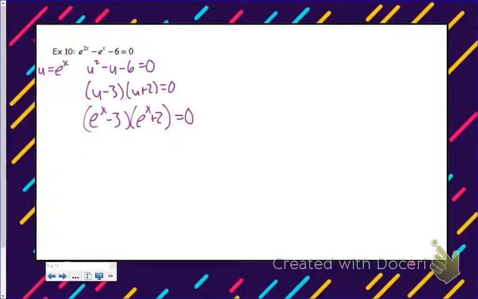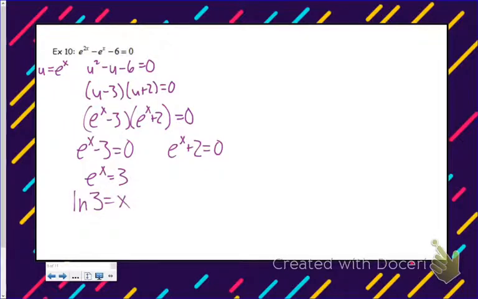Now, since we have a factor equal to 0, all I would do is set each factor equal to 0 and solve. So I would get that e to the x is equal to 3, which I can rewrite as a natural log. So the natural log of 3 is equal to x. Same thing over here, e to the x is equal to negative 2. So the natural log of negative 2 is equal to x.